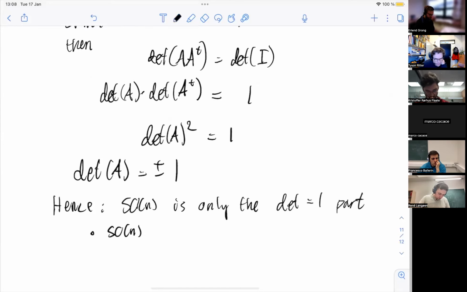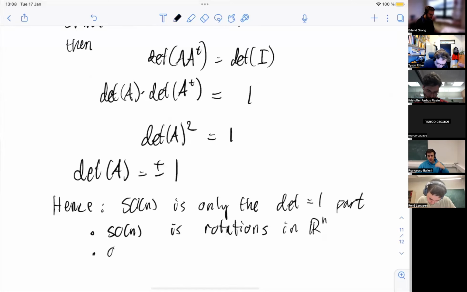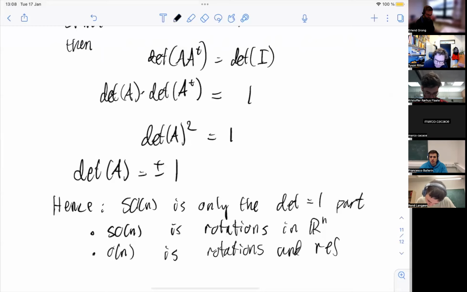And the way you can consider it is that SO(n) is the rotations in Rn, while O(n) also includes reflections.